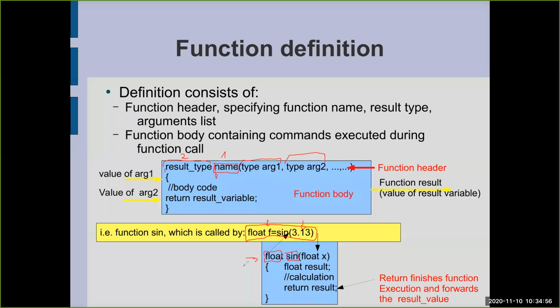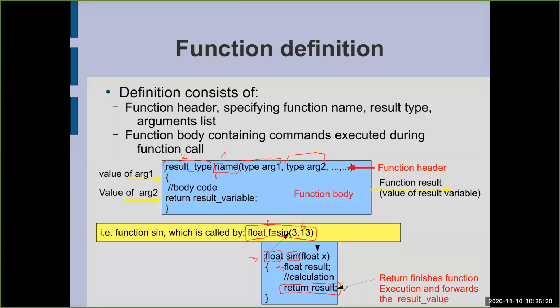What's going on inside the function? Usually the function finishes with the return result. Of course, if there is a variable result, it has to be defined before it is returned.